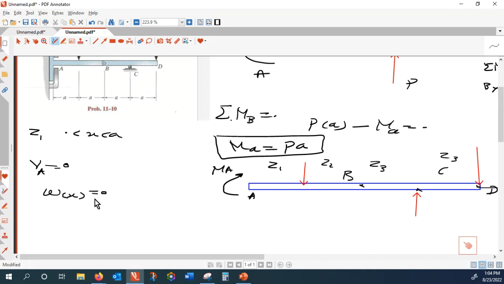All right, if W of X is zero, that would tell me what? It says dV over dx is equal to W of X equal to zero. And as such, when I integrate both sides, I find out that, let's call this middle point something like A, B, C, D, E. Right, so this is point E.